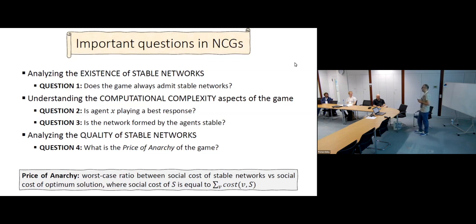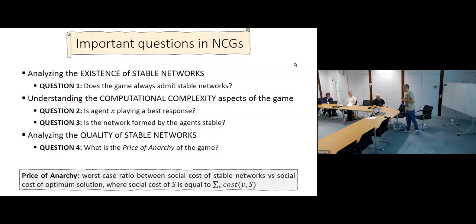The price of anarchy is a measure that was introduced in the seminal paper on algorithmic game theory by Koutsoupias and Papadimitriou in 1999. And the price of anarchy is a measure that wants to provide an evaluation of the performance of the system that is governed by a bunch of selfish agents with respect to the performance of the same system which is governed by a central authority that wants to optimize the social welfare.